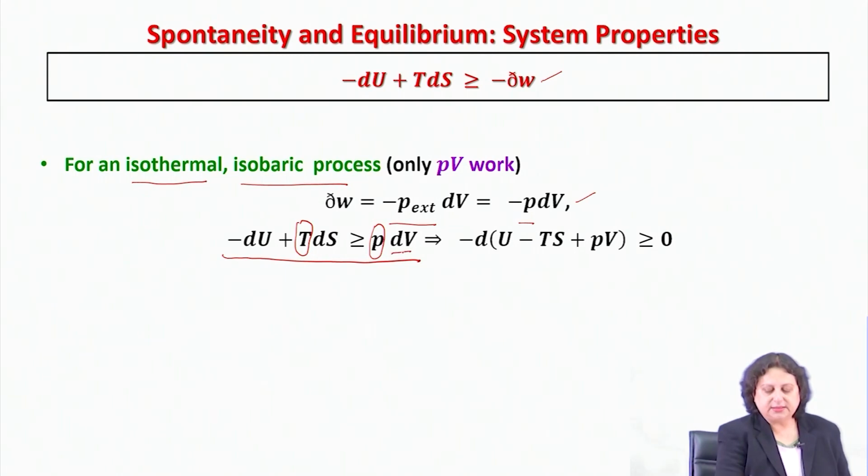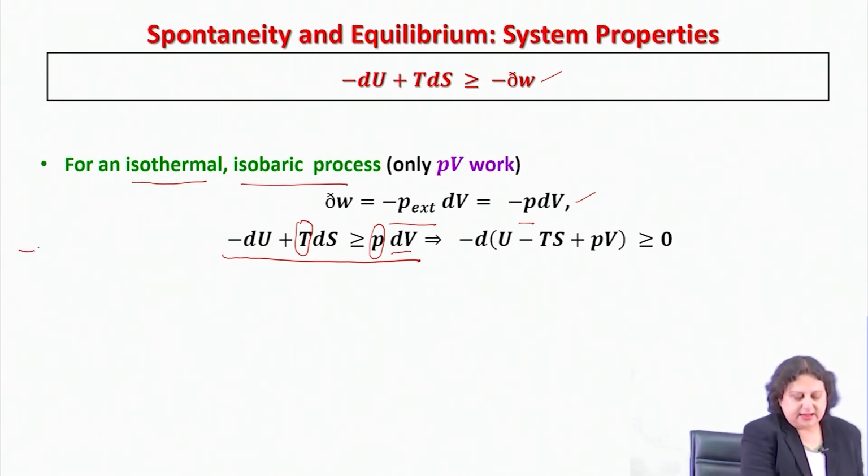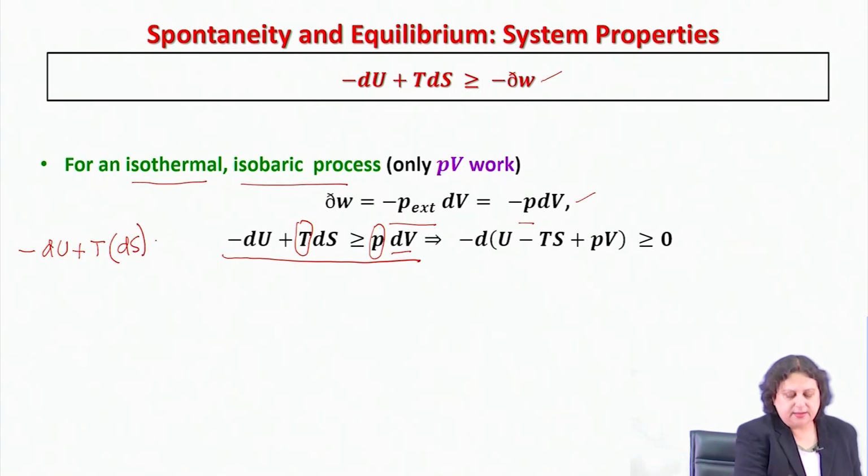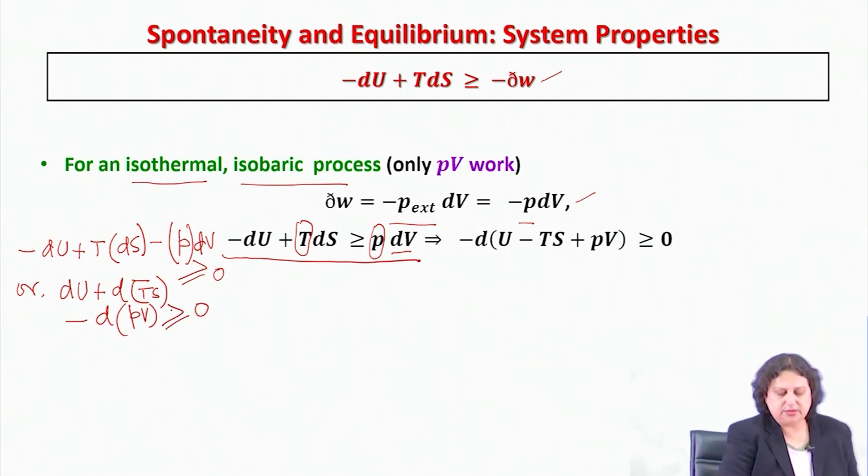Therefore, I will take this term to the other side and write that minus dU plus T dS, minus P dV, that must be greater than or equal to 0, or I will write dU plus d(TS) minus d(PV), that must be greater than or equal to 0.